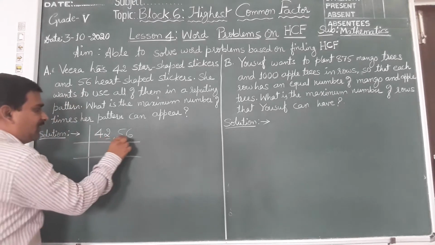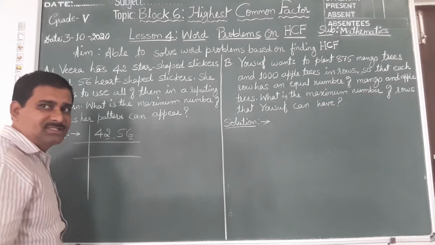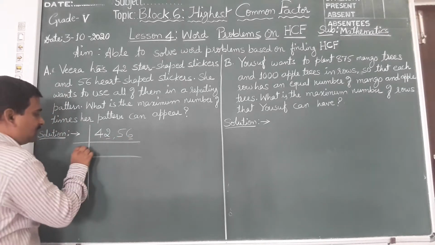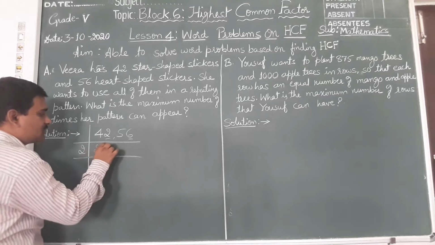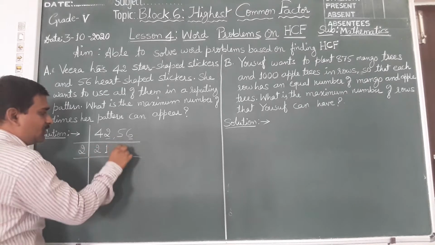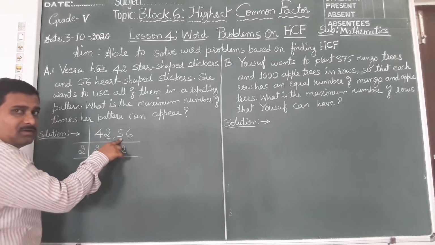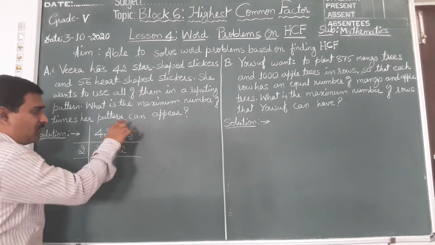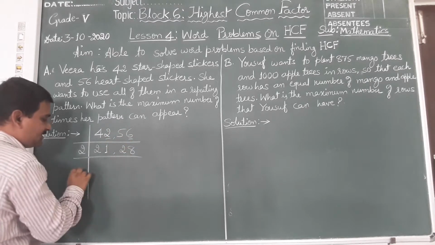In the ones place you will find 2 and 6. Start with 2: 2 ones are 2, 2 twos are 4, 5 minus 4 is 1 remains, 16, 2 eights are 16.